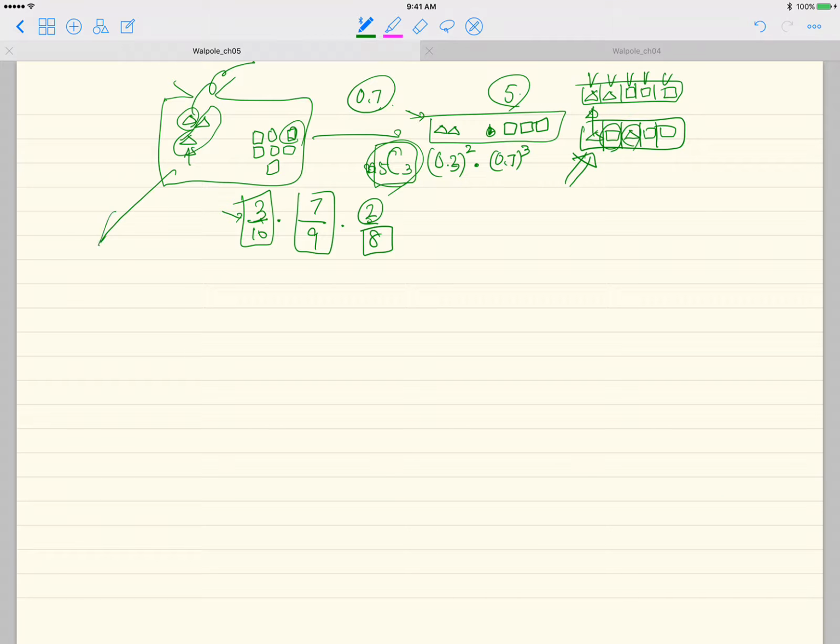Out of 5 trials, it is the probability of picking up maybe 2 rectangles, basically the probability of the number of rectangles being 2 out of 5 trials. That was the meaning of the binomial random variable.